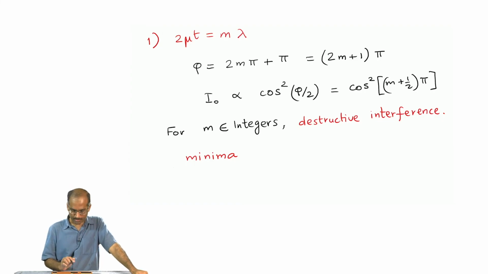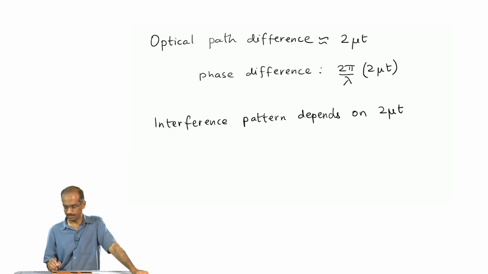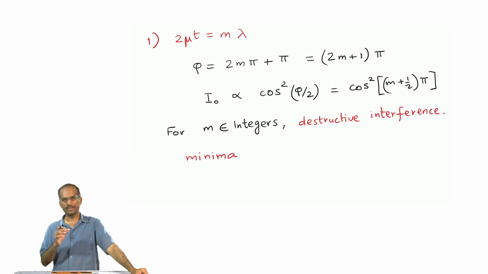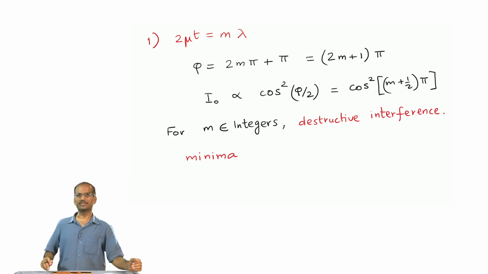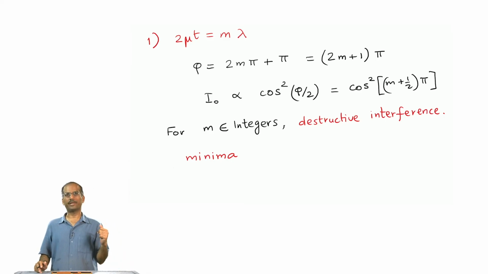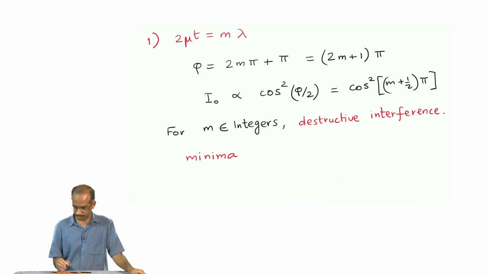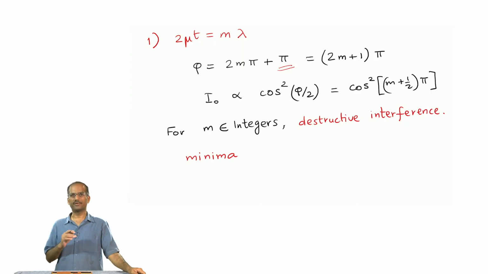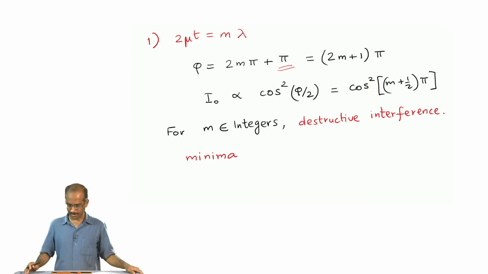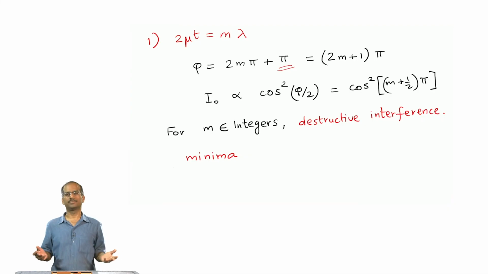Substitute this m lambda in this equation, and the effective phase will be the phase generated through the path difference plus that additional phase of pi which got generated because there was a reflection at the lower surface. This pi is coming from that reflection from the lower surface, the glass slab. You will notice that this is precisely the condition for destructive interference, or minima.